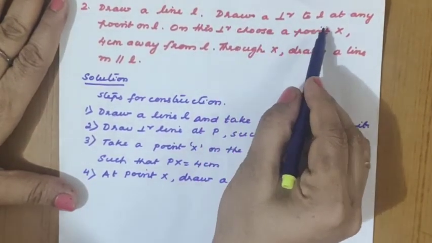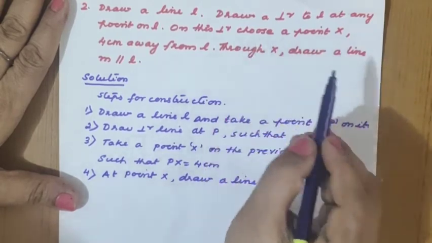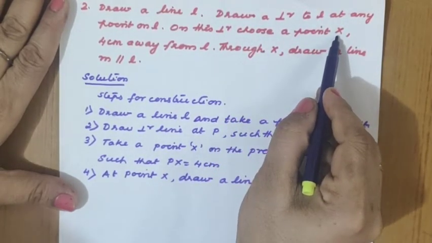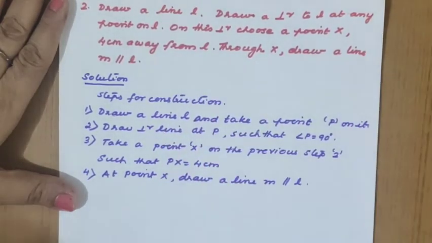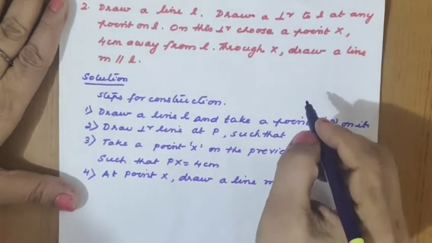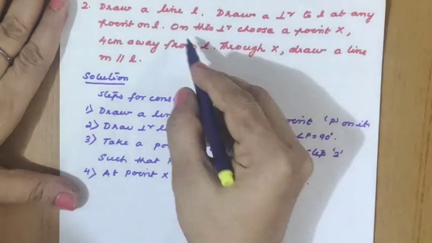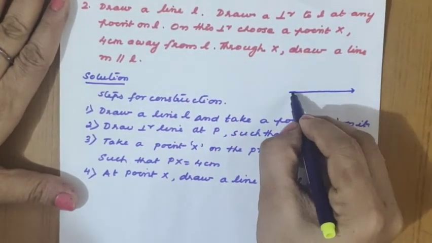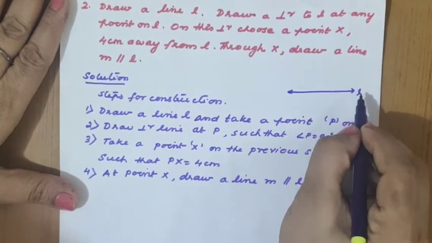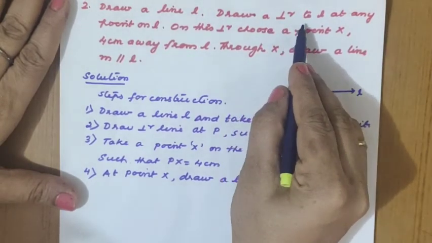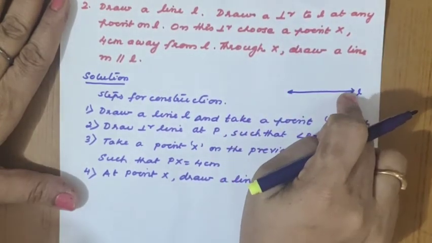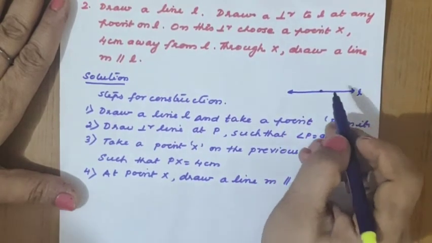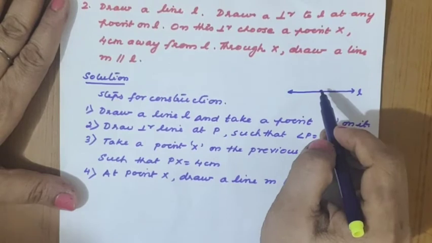Draw a perpendicular to L at any point on the L. On this perpendicular, we have to choose a point X 4 cm away from the L. So we'll do the rough diagram first. Draw a line L. So a line L we have drawn. Draw a perpendicular to this line L at any point on the L. So a point is taken, 90 degree, means perpendicular we have to draw.